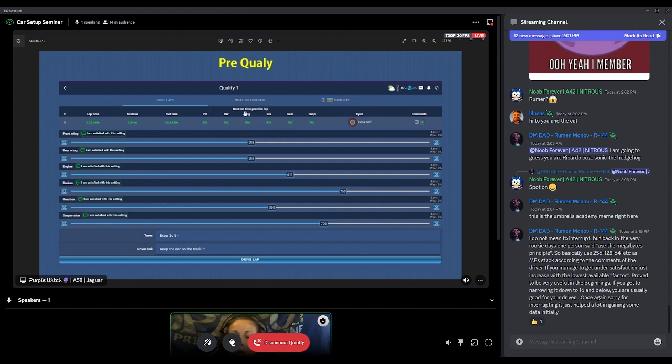It's simply because we are going to try to find the limit, not the setup where the lap time is the best. Our method is not meant to get a practice lap that returns an optimal lap time. So this is a little bit counterintuitive.